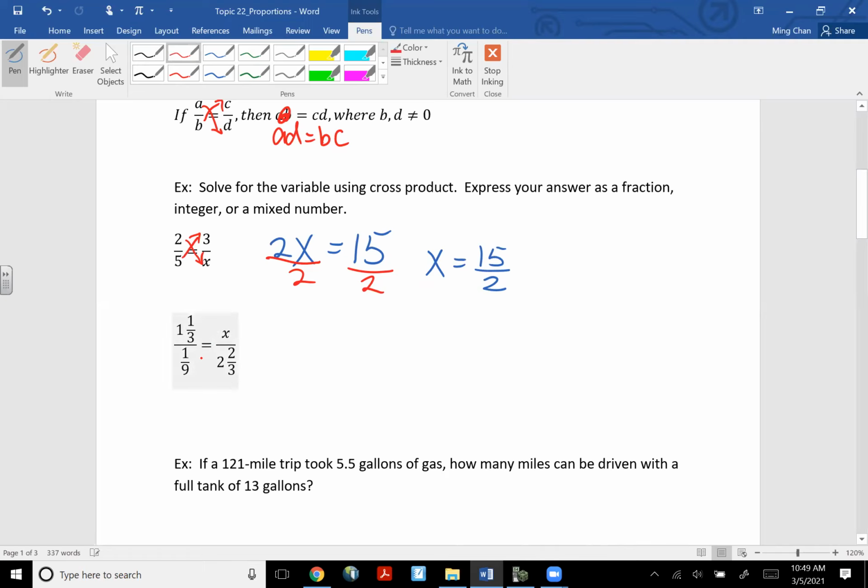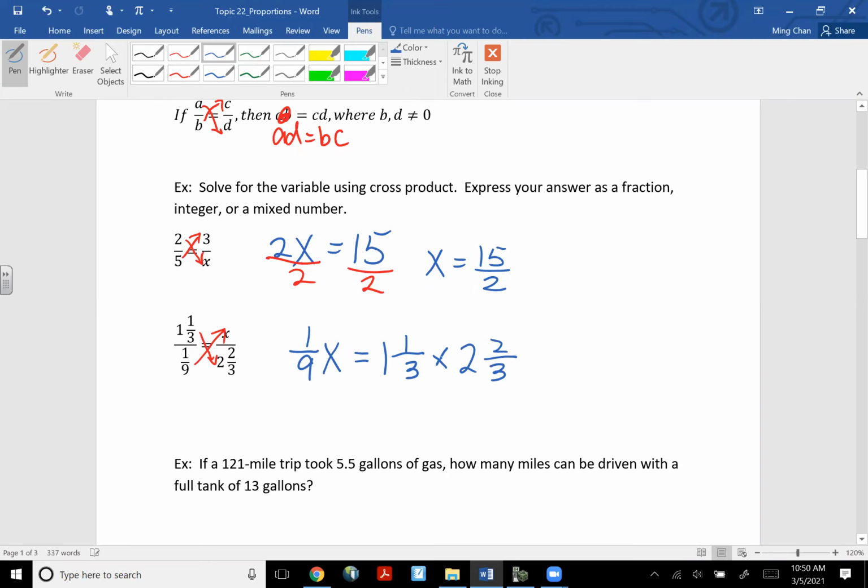So diagonally where the variable is, I'm going to say 1 over 9 times x, which is 1 over 9x, set equal to multiplying diagonally, 1 and 1/3 times 2 and 2/3.